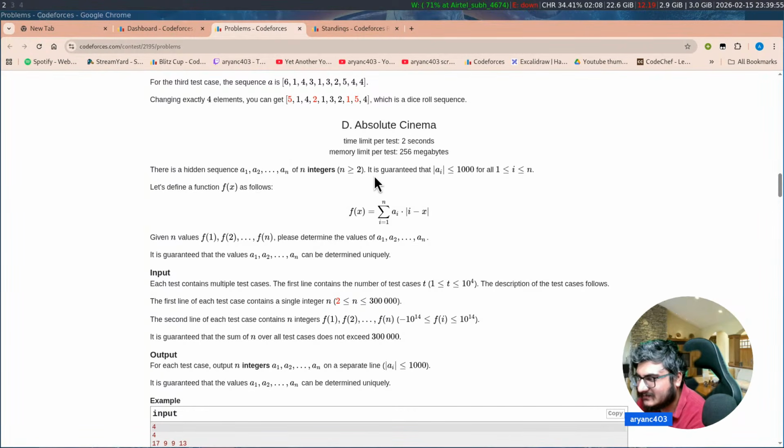And an important concern, it says n is between 2 to whatever value it is, and all the values are between 1 to 10 to the power 14. And it says that the answer always exists. So any ideas, anyone, on how to solve this problem?